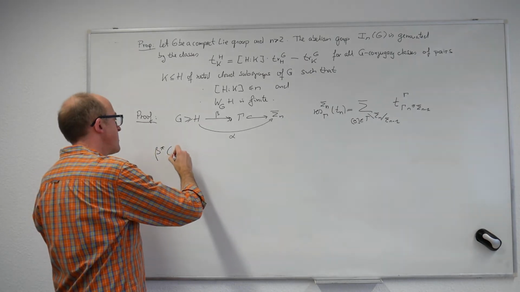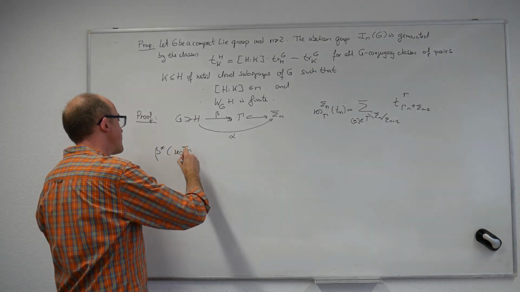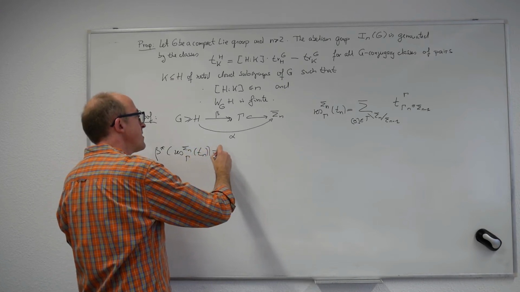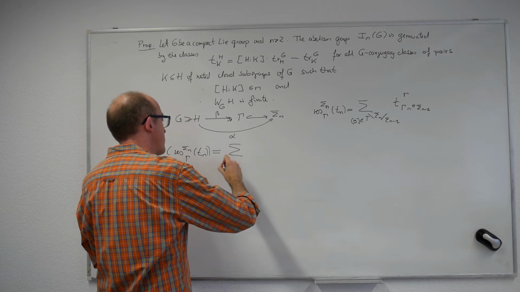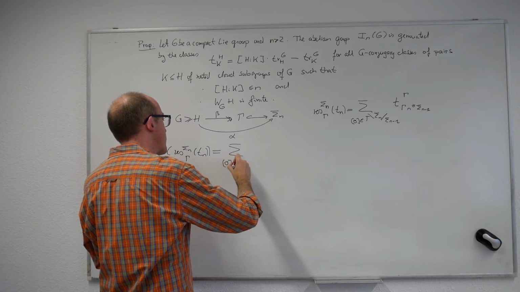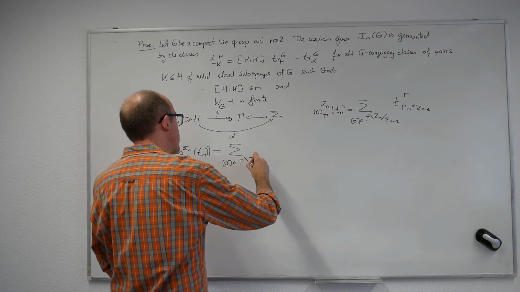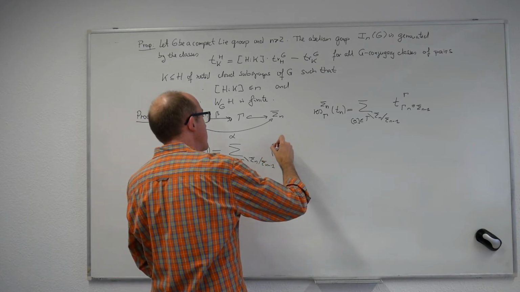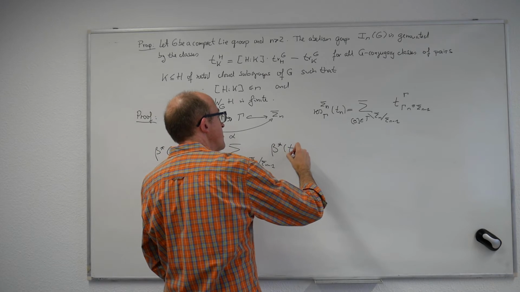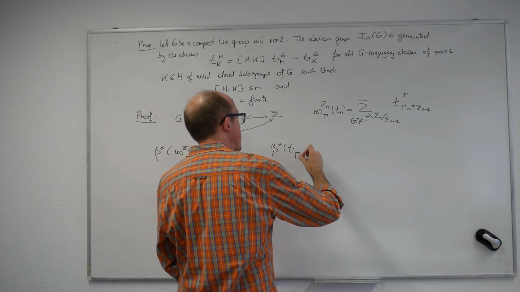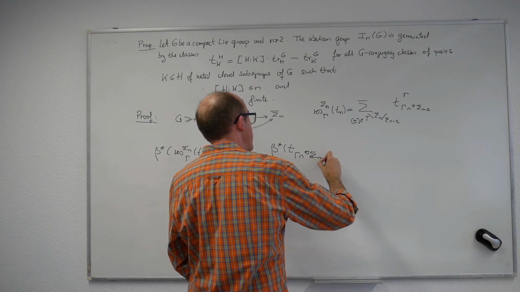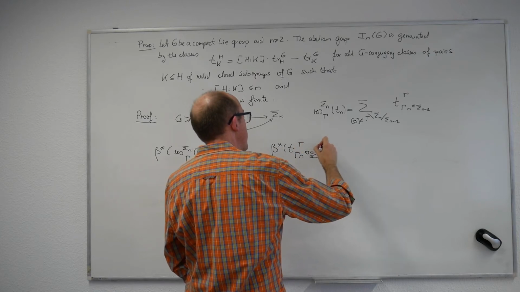Beta upper star of the restriction from sigma n to gamma of Tn is the sum over double coset representatives, gamma sigma n modulo sigma n minus 1, and then beta upper star of T gamma intersected the sigma conjugate of sigma n minus 1 all the way to gamma.